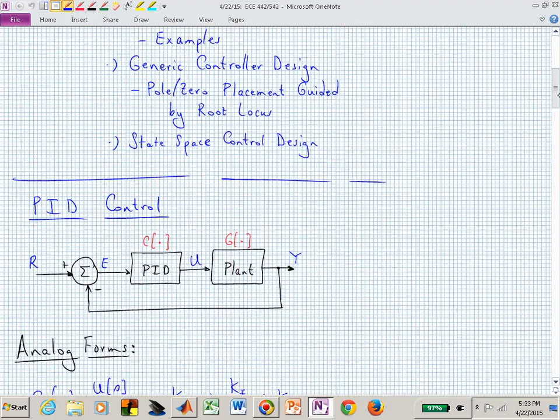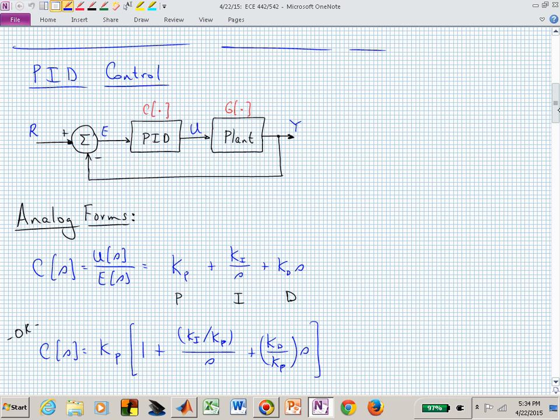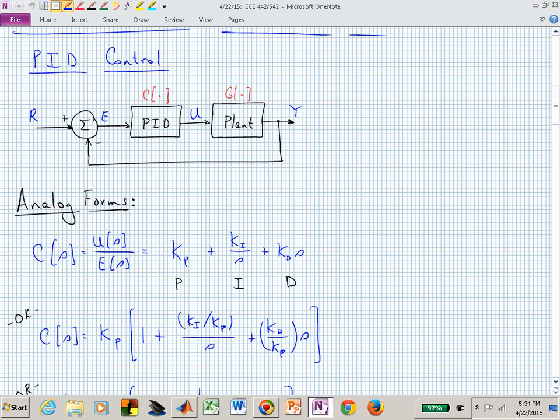Let's start to scroll through this development of the PID controller. The block diagram really hasn't changed. It's just now in our controller block, we're introducing one more piece, a derivative piece. What did the integral piece allow us to do? Do you remember what that provides for us in terms of system behavior?